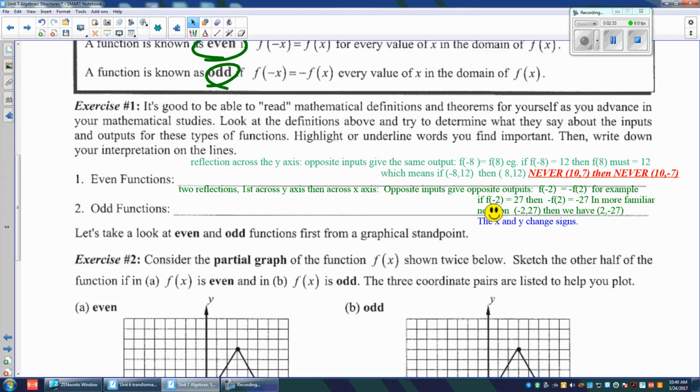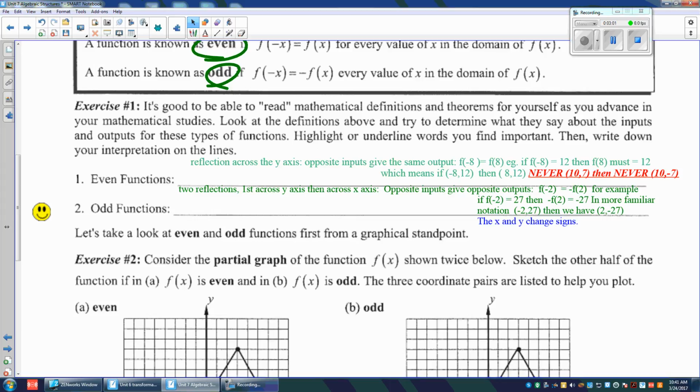If you input negative 2 and it equals 27, then when you input 2 it has to equal negative 27. In more familiar terms: negative 2 throws out a 27, positive 2 throws out a negative 27. Positive 27, negative 27. Positive 2, negative 2. Oh, got it. The x and y change signs.